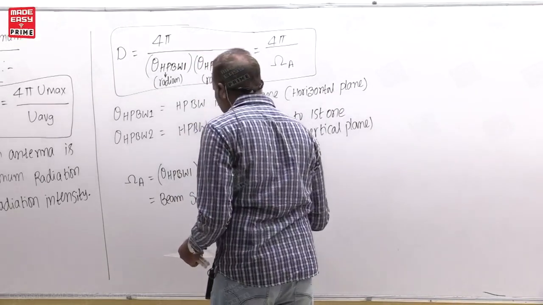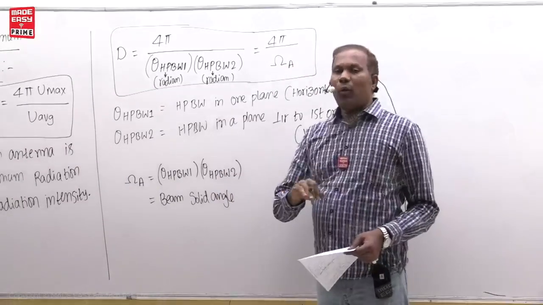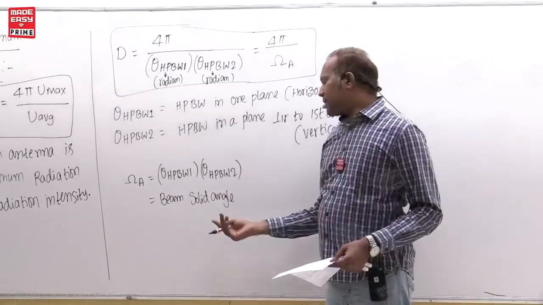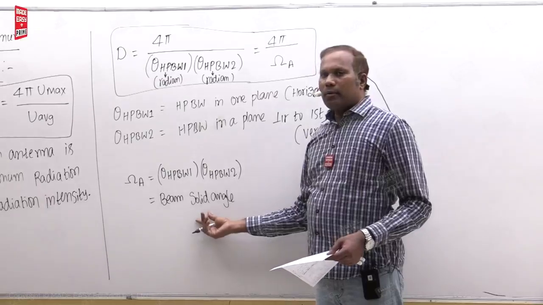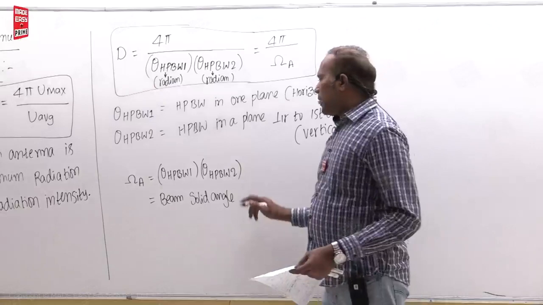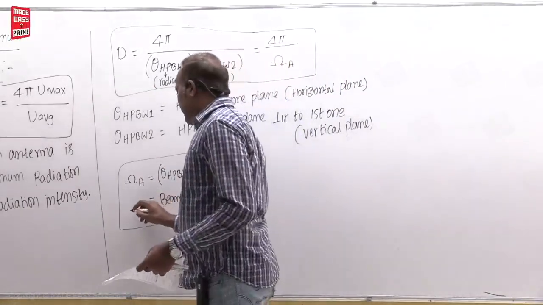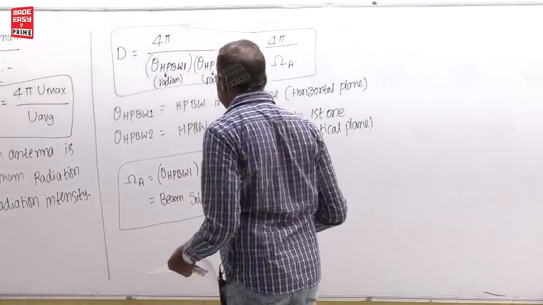I was telling you, vertical angle multiplied with horizontal angle, you get a volume. Volume's other name is solid. So that is why that is called solid angle. So dear students, this is called beam solid angle. This is omega A.